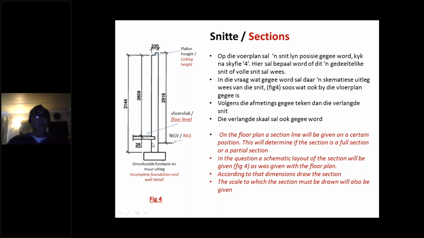And sometimes, we all know, your lintel height, or the height where the doors and windows fit in, is 2.1 meter from the floor level. So in this area, a window or a door will fit in with a height of 2.1 meter.